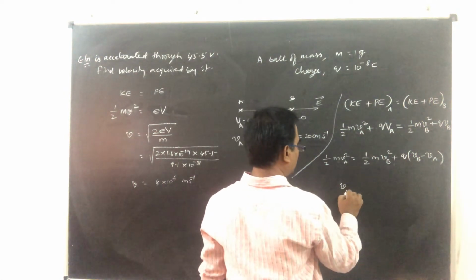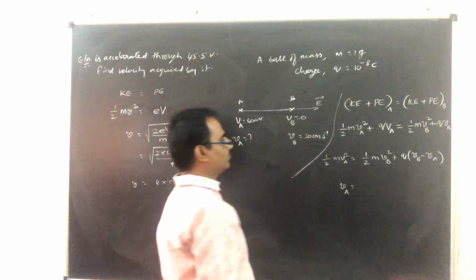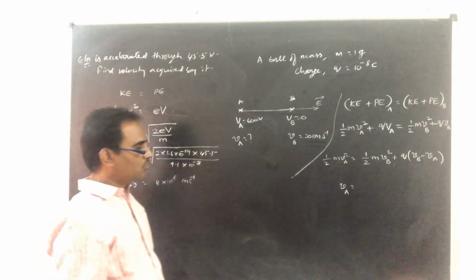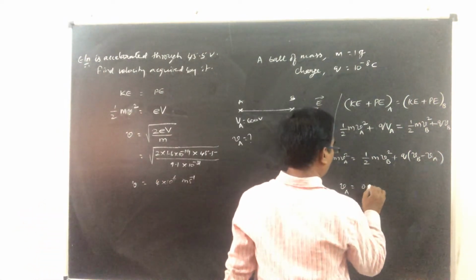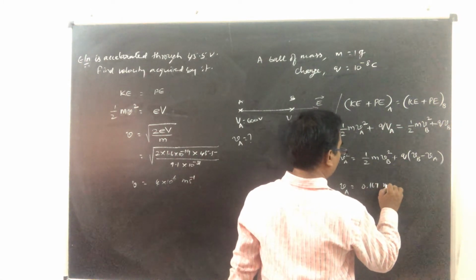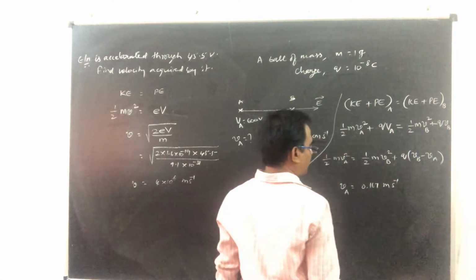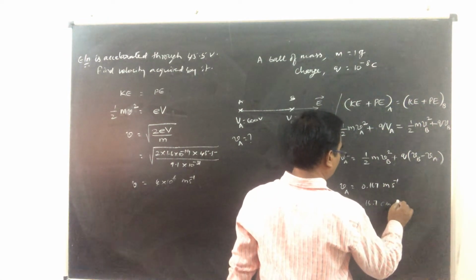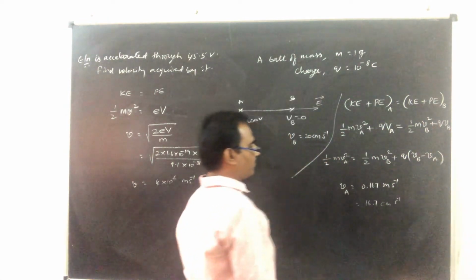From this you calculate this VA. So this comes to be 0.167 meter per second or 16.7 centimeter per second.